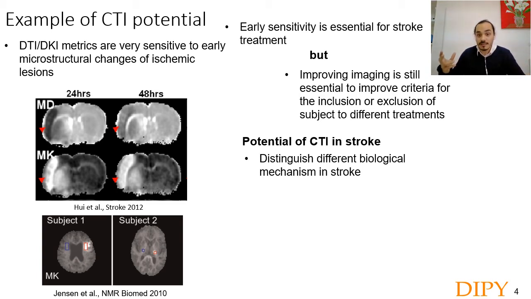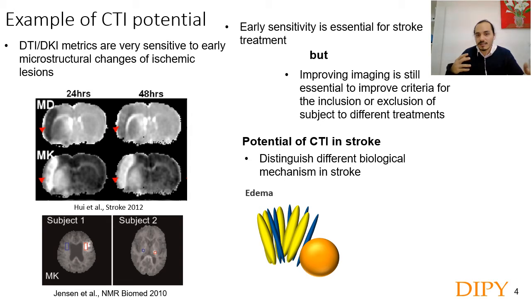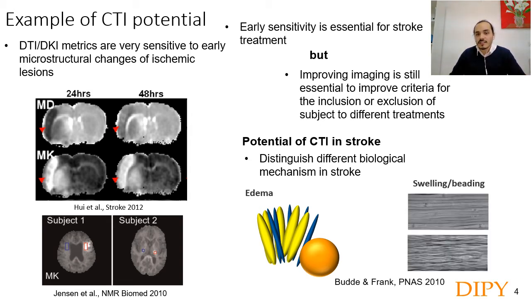CTI has huge potential to improve the specificity of diffusion MRI because it can target different biological mechanisms. For example, the presence of edema in stroke lesions, or effects of swelling or beading, which are changes in the microscopic morphologies of cells, as shown here in these histological images.